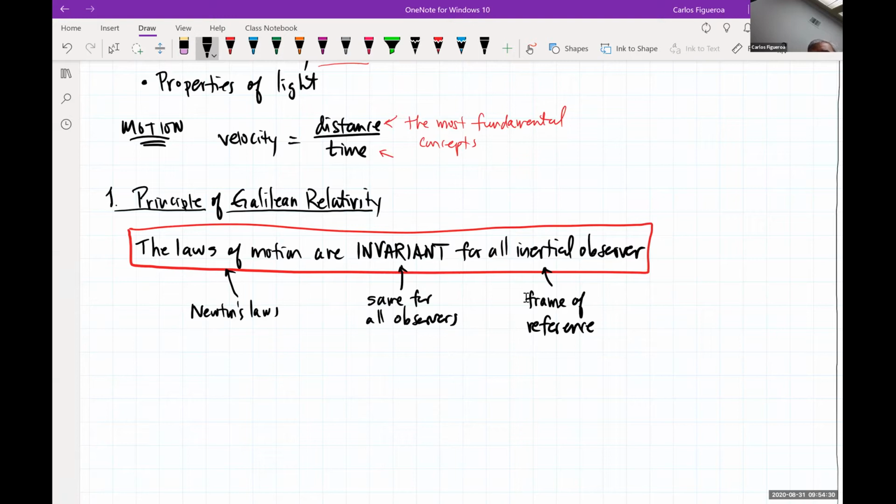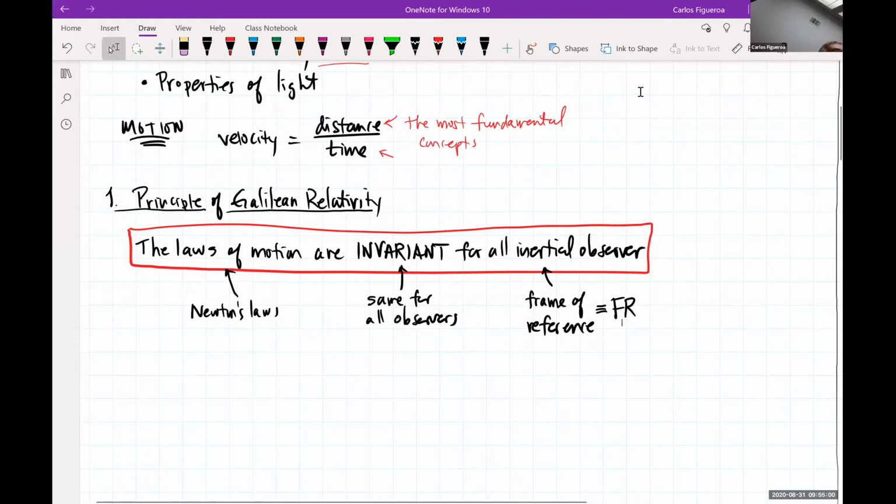Now, frame of reference is another phrase that comes up so much that I'm going to abbreviate it as FR, because you're going to see this all the time. So the two acronyms are SR for special relativity and FR for frames of reference.